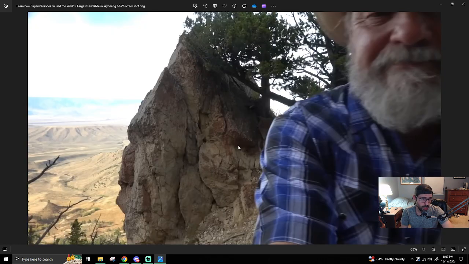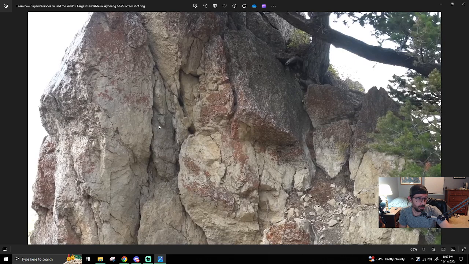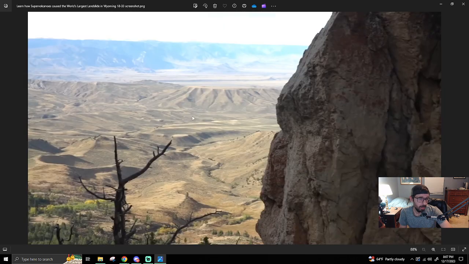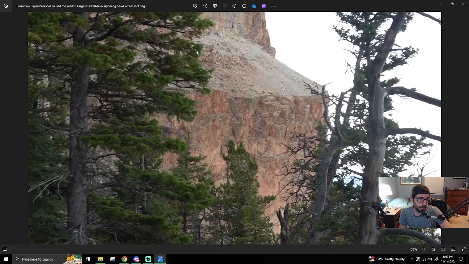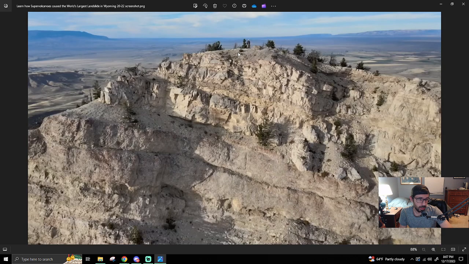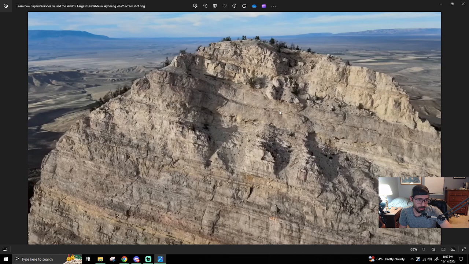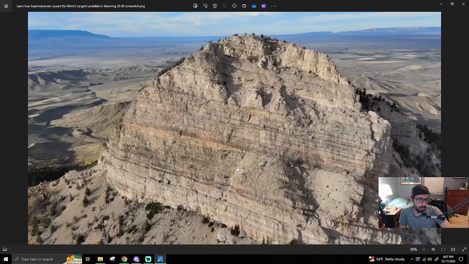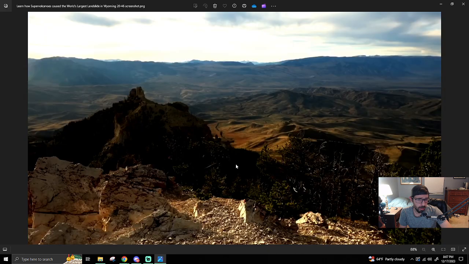He's up on Heart Mountain, so I just kind of started taking pictures of it. This is up on Heart Mountain. Maybe Heart Mountain, I'm not sure. This might have been one of the other ones, but it might be Heart Mountain.